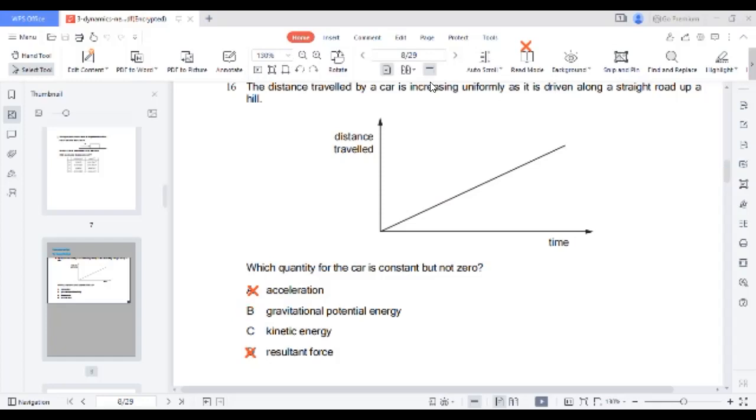The distance traveled by a car is increasing uniformly as it is driven along a straight road up a hill.